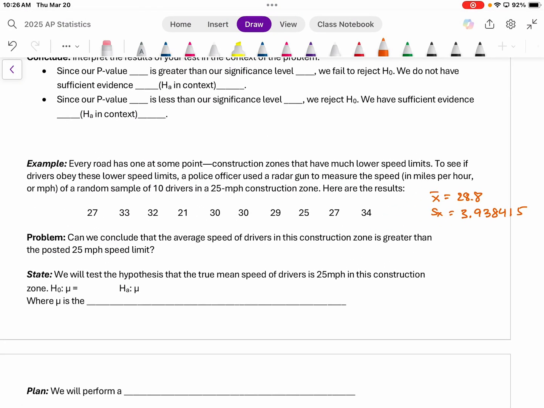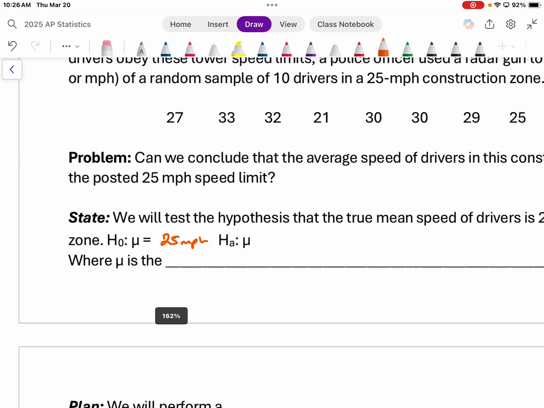Can we conclude that the average speed of drivers in the construction zone is greater than the posted 25 miles per hour speed limit? So when we look at our H0 statement, our mean is 25 miles per hour. Our HA statement: is the average speed greater? So is it greater than 25 miles per hour? And then again, we have to define what mu is in the context of the problem.